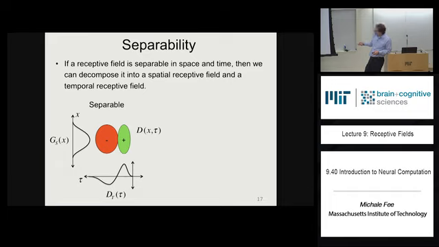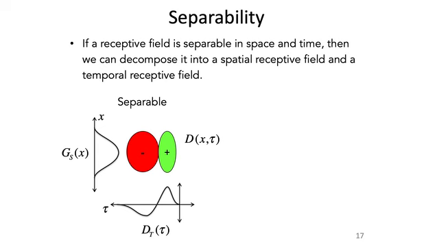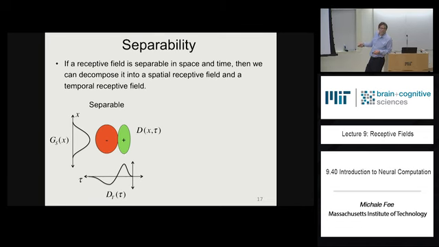Here you have a temporal receptive field with a positive lobe here and a negative lobe there, and a spatial receptive field that's just a positive lobe. If you multiply this function of x by this function of t, you get a function of x and t that looks like this, where at any position, the function of time just looks like this, scaled. And at any time, the spatial receptive field just looks like this. Does that make sense?